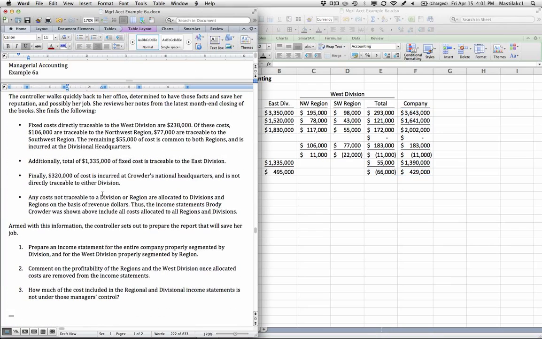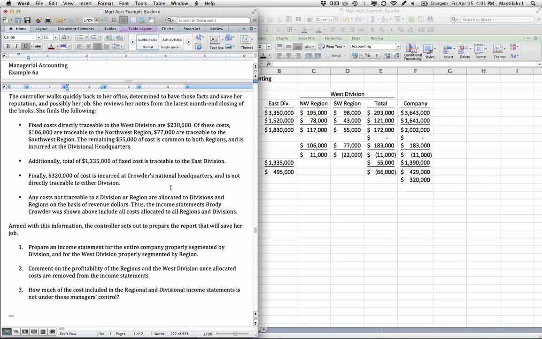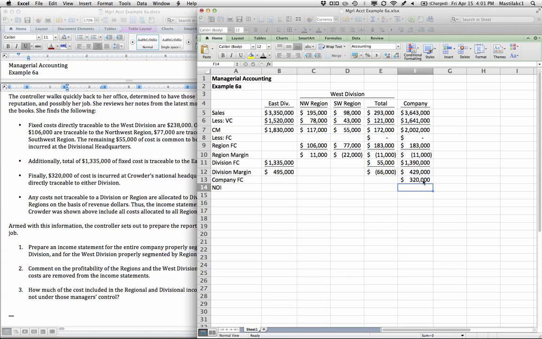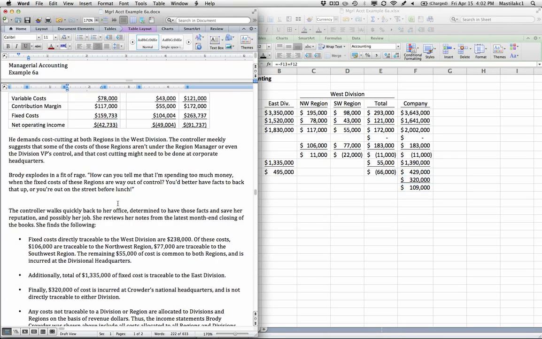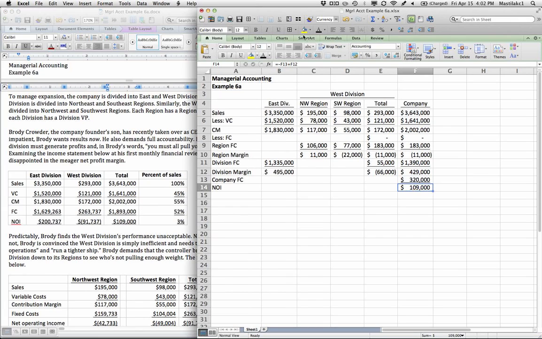Company-wide fixed costs, if we look at our data, we can see that $320,000 of fixed costs are being incurred at the national headquarters, not directly traceable to either division. And so we can see that our total net profit of $109,000 matches the company-wide net profit of $109,000.